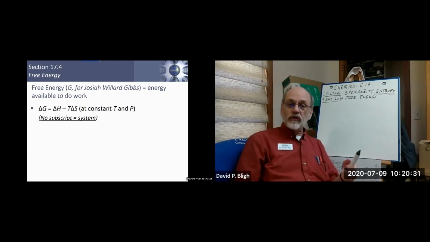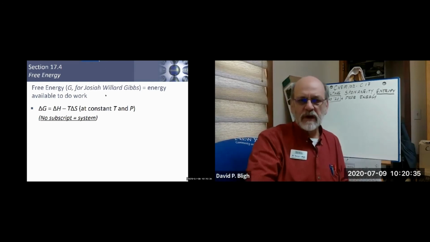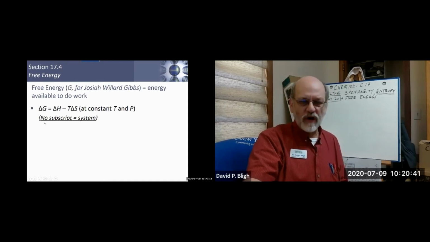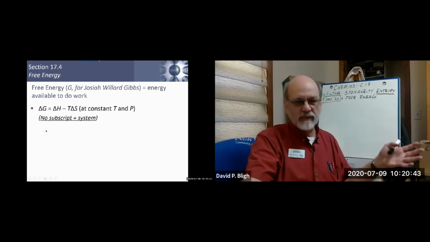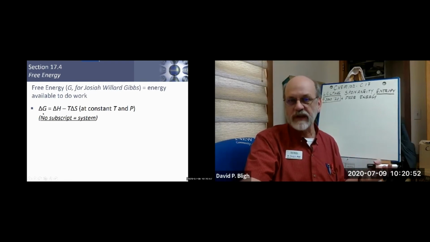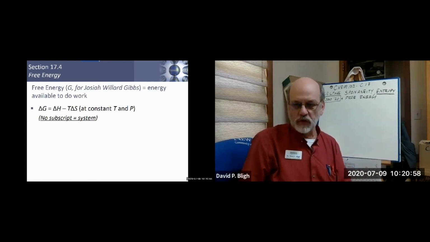Now, there are other researchers, other chemists, other physicists, who have applied different types of free energy. That's too broad a subject for us to dig into the other possibilities. This is the most common and the most widely used term for free energy. And when we say free energy, that is the amount of energy that's available to do useful work.